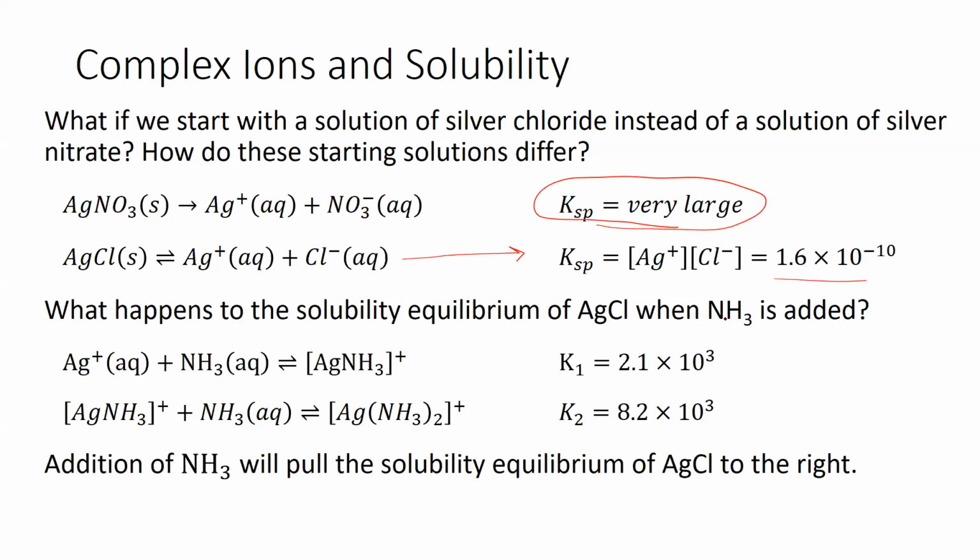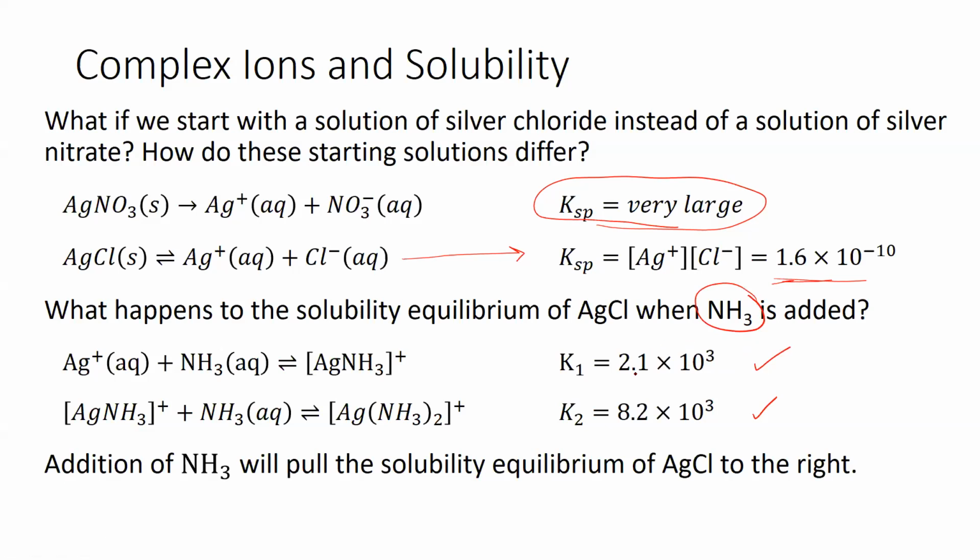But what happens here is, if you have silver chloride in a solution, its solubility will be affected by the presence of the ammonia, because those formation constants for adding ammonia to the silver ion come into play here.